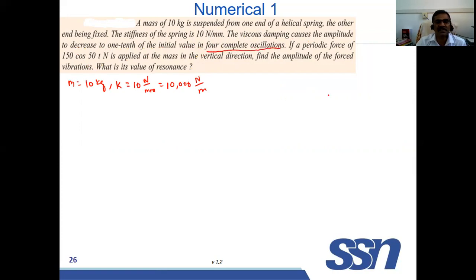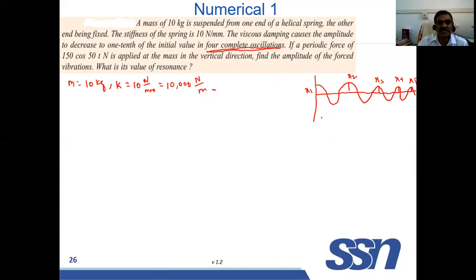Now it is vibrating like this. This is x1, this is x2, this is x3, this is x4, this is x5. It is told 4 complete oscillations.